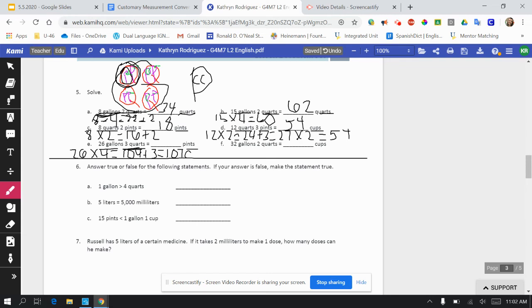My pen turned off. There we go. 107 quarts equals how many pints? So again, focusing on just one of those up here. 1 quart equals 2 pints. So I need to multiply this by 2. 107 times 2 equals 214.